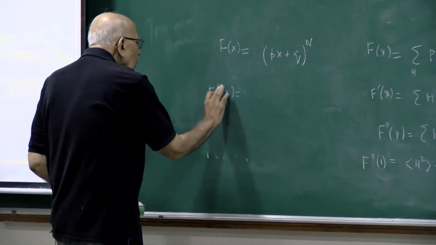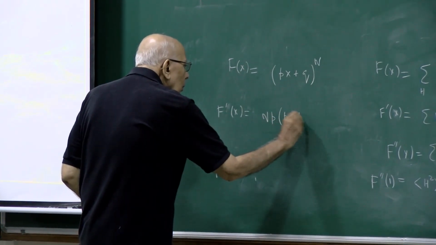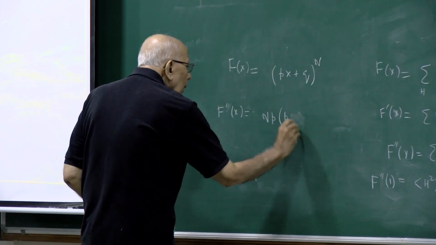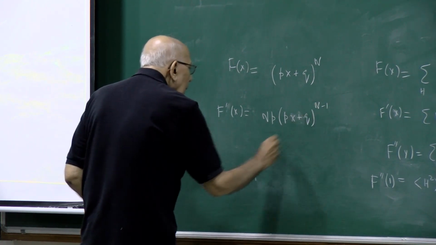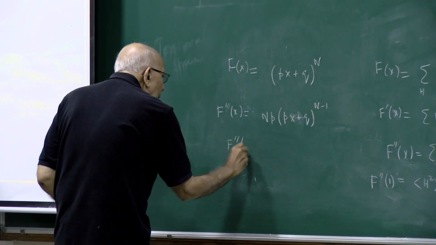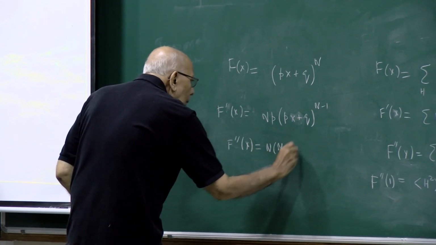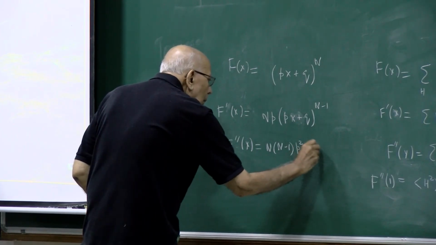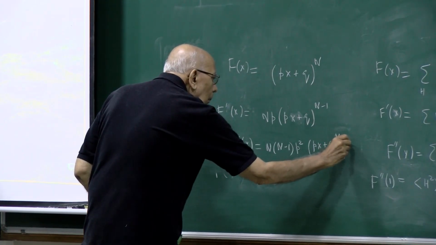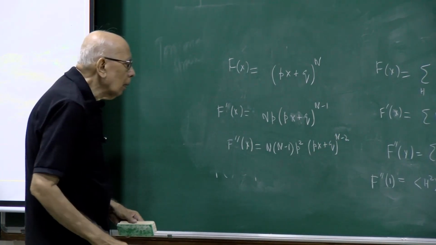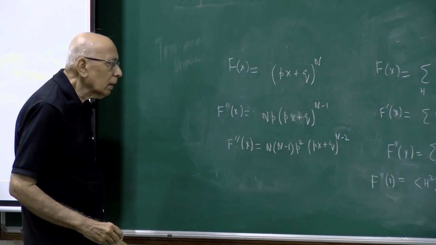f prime of x was equal to np (px plus q) to n minus 1. So there we have it.